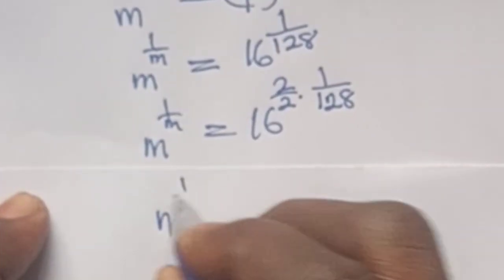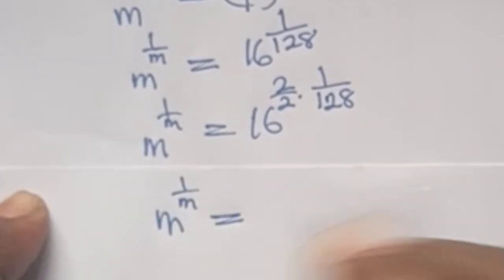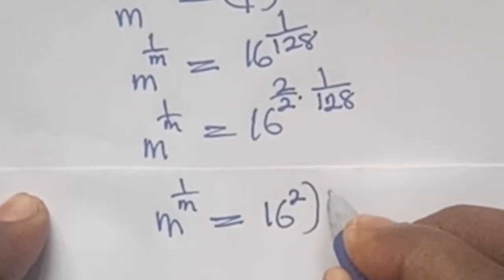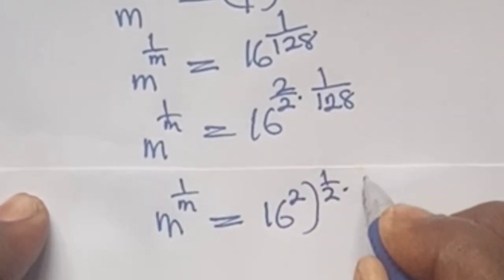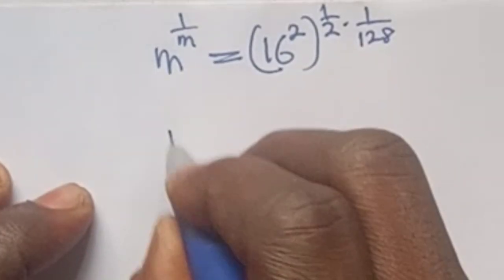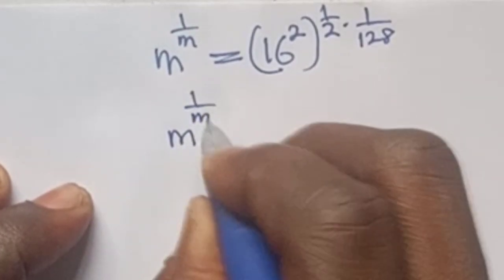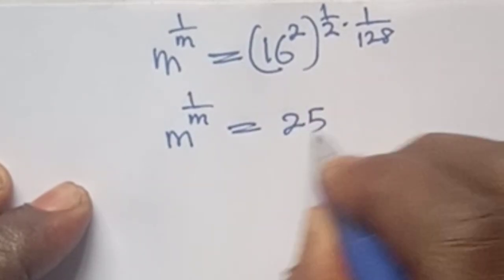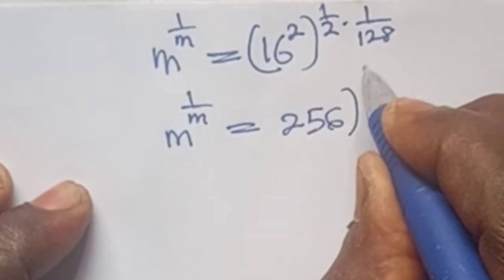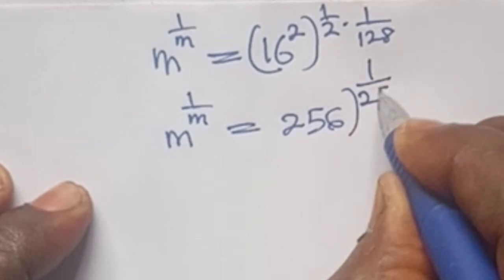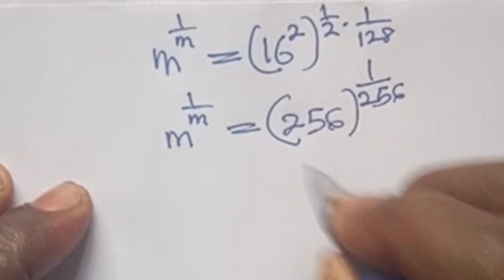So m to the power of 1 over m equals 16 to the power of 2, to the power of 1 over 2 times 1 over 128. So m to the power of 1 over m equals 16 to the power of 2, that is 256, to the power of 1 over 256, since 2 times 128 is also 256.